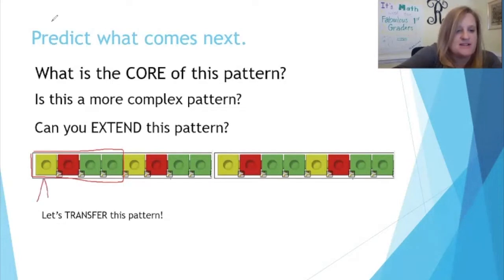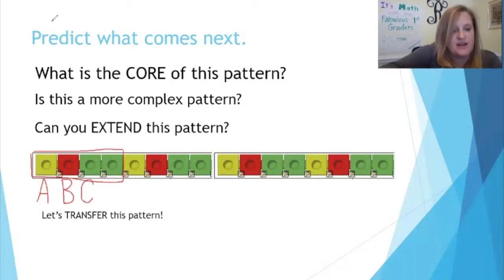And every time I see a yellow, I'm going to write the letter A. And now the second object is a new letter. So every time I see a red, I'm going to assign it the letter B. We have a third color in this pattern, so we need to have a third letter assigned, C.